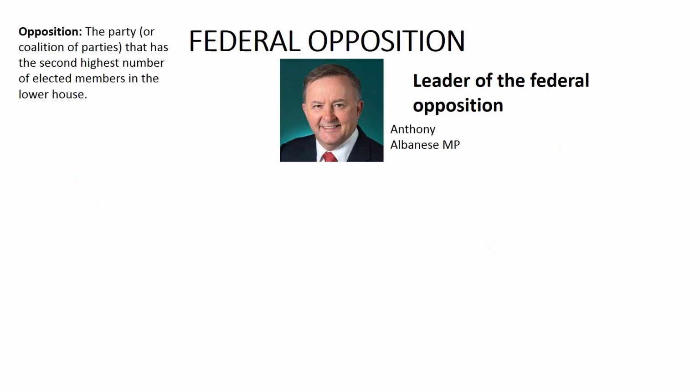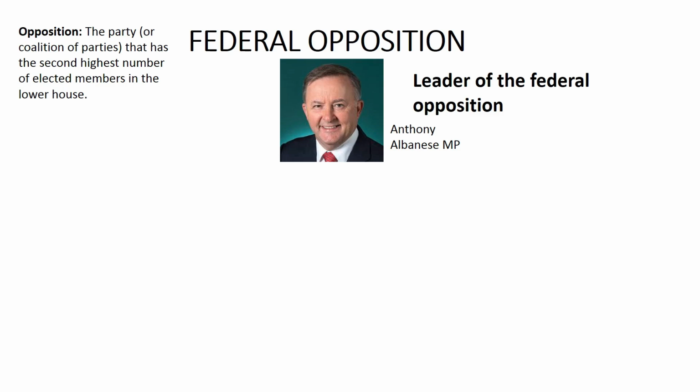This brings us to our next important definition, which is the definition of opposition. Look down at the left-hand side of your vocabulary sheets, find the term opposition and write this definition in there. The opposition is the party or coalition of parties that has the second highest number of elected members in the lower house.